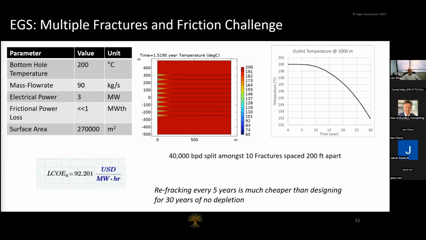We're assuming in this simulation that we somehow magically divided fluid equally. That is okay, but at least, based on this assumption, we can show that A, it's doable, and B, economics look reasonable. Yeah, it's 9 cents, but we all know that at scale we can engineer cost out of it. Nothing bad here, but there is a problem.